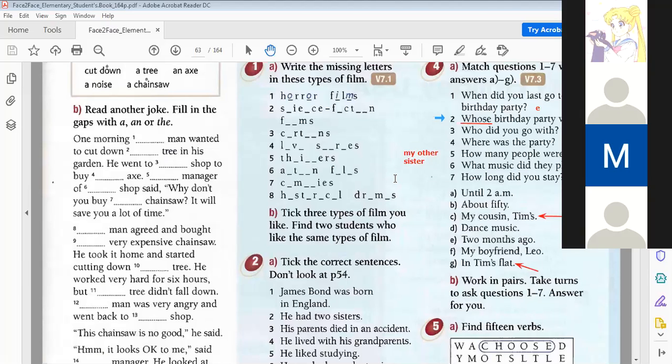With my other sister. I went with my other sister. Good. Where was the party? In her house. In her house. Good. How many people were there?